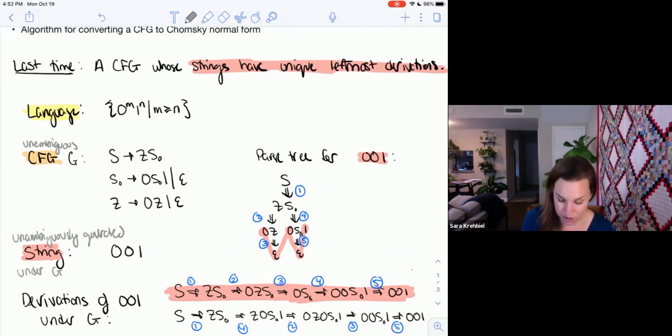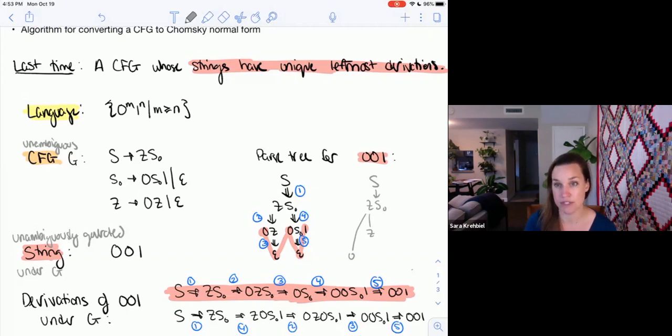So my other parse tree here, well, the same parse tree, but just a different representation of it. This is kind of more the way the book draws things. The advantage of drawing things this way is that every time you generate a terminal, you're just going to send it down to wherever you think the leaves are going to be, and then you're just going to read off the leaves at the bottom, and it's going to look like a string. So S becomes Z S naught, but then Z generates a 0, and next to that 0, it generates a new copy of itself.